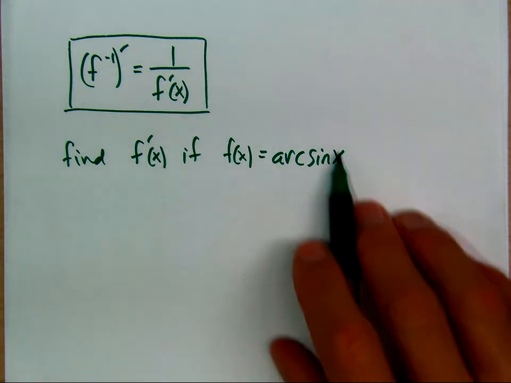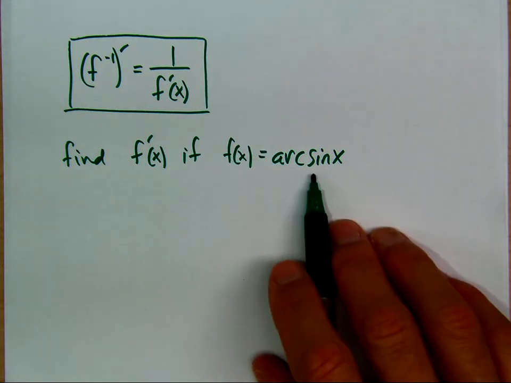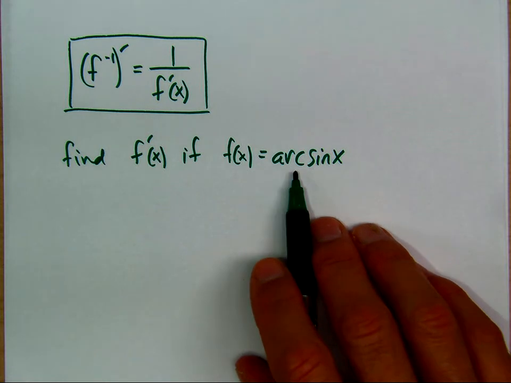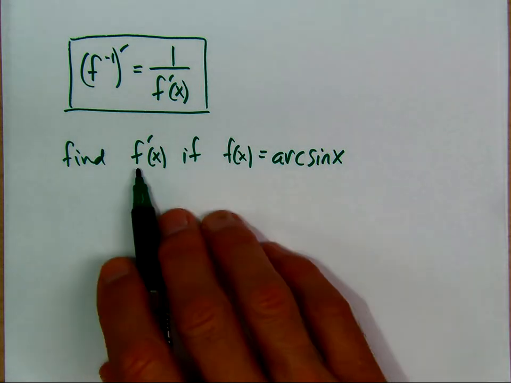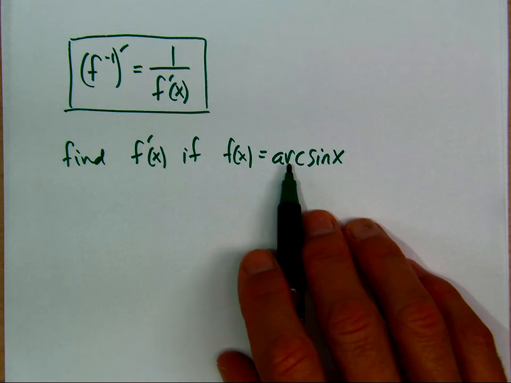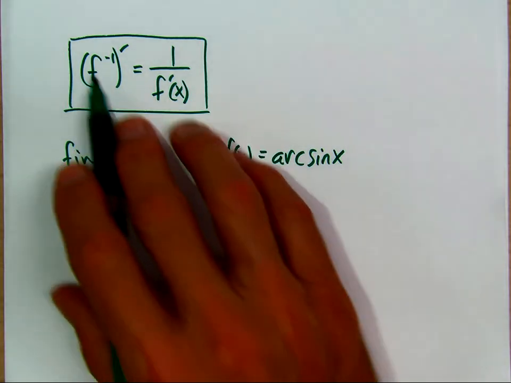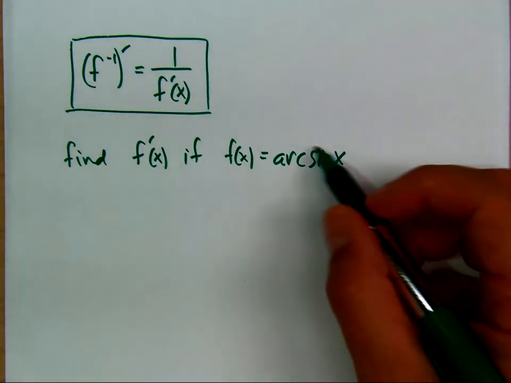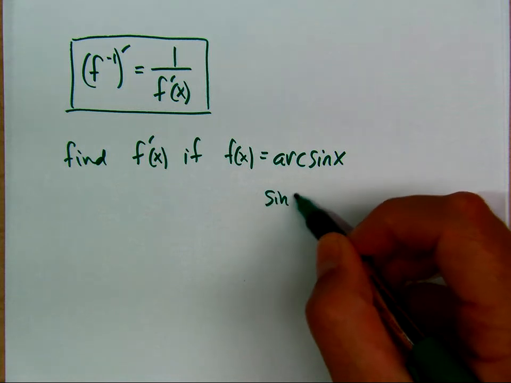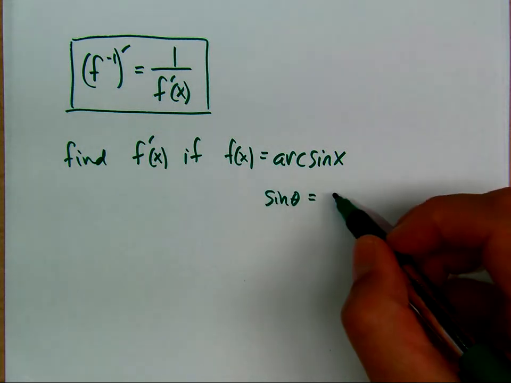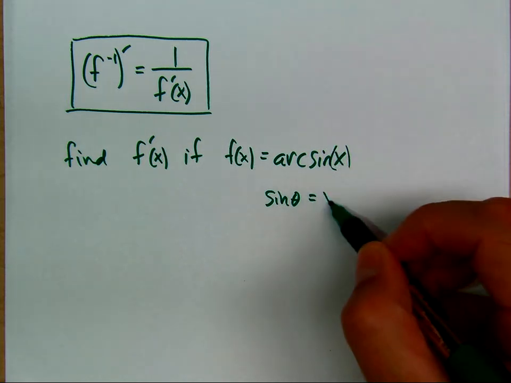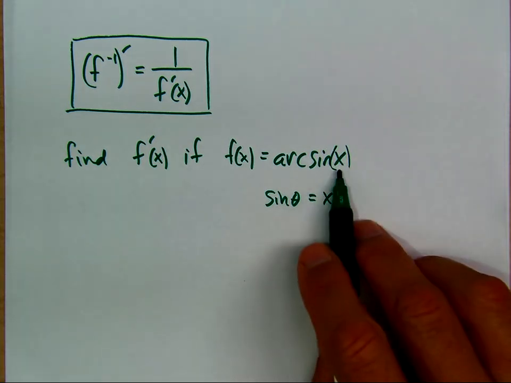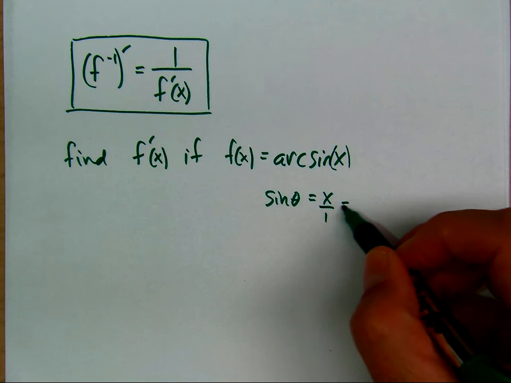Let's think about what this means, and then we can talk about finding the derivative of an inverse. So we are saying f is the inverse, and we want the derivative of the inverse. If we want the derivative of an inverse, we're going to be using this relation. Let's think about this like we just did. Sine theta is going to be equal to x, and that's what that says.